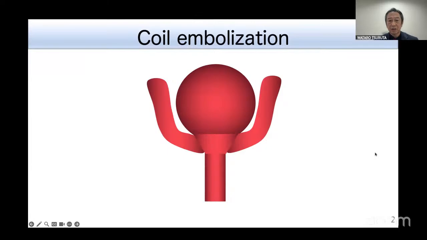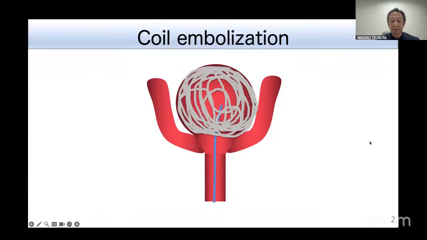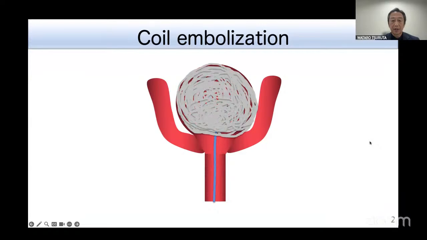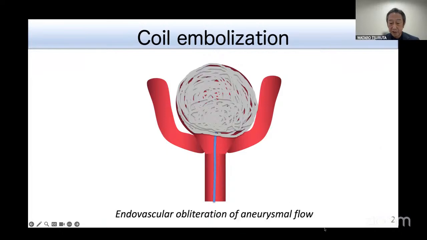Coil embolization is composed of microcatheterization and coil insertion. Framing, filling, and finishing coils are inserted into the aneurysm step by step. Vascular obliteration of aneurysmal flow is the concept of this treatment.